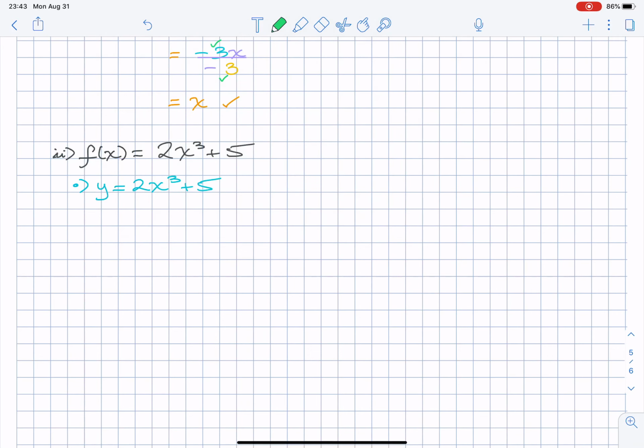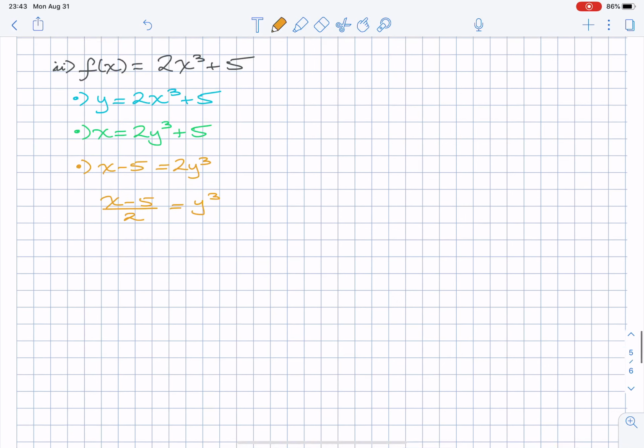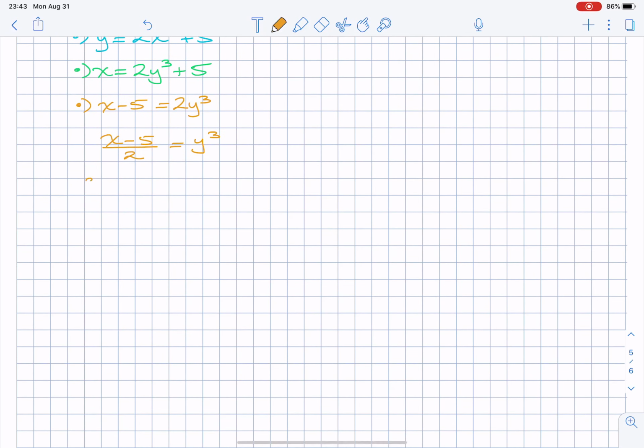Step 2, we swap x and y, which in effect creates the inverse. Step 3, we isolate y, so I'm going to first subtract 5. Then I'm going to divide by 2. And then I'm going to take the cubed root.